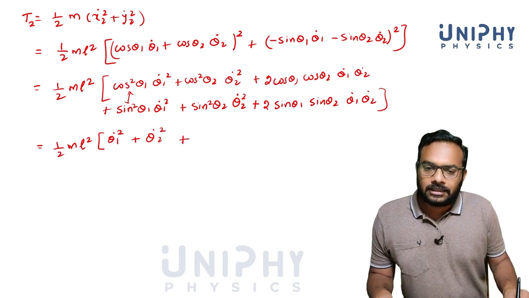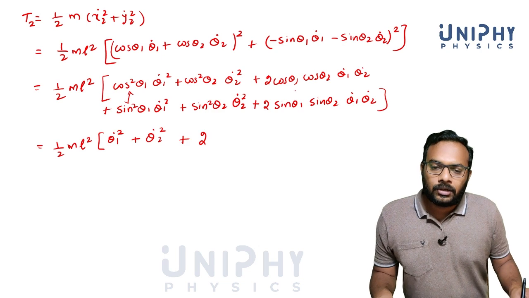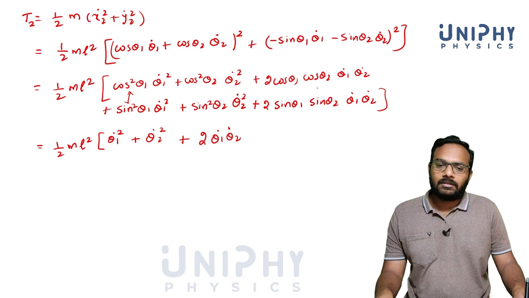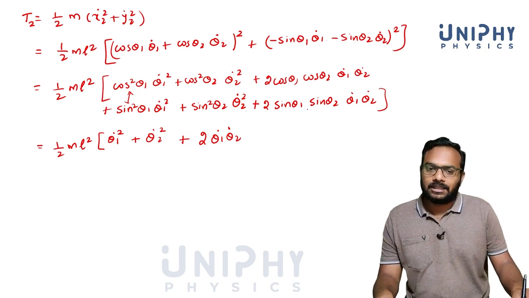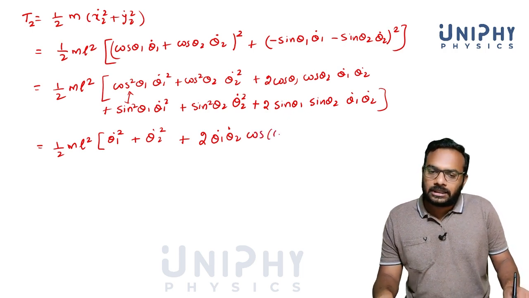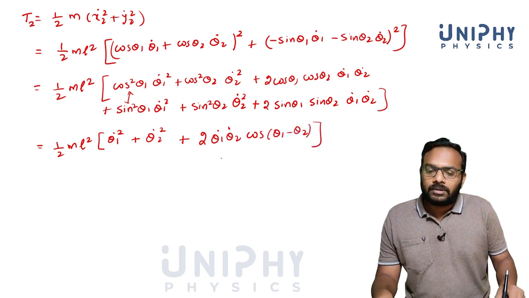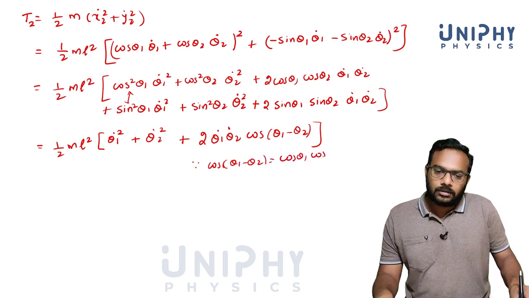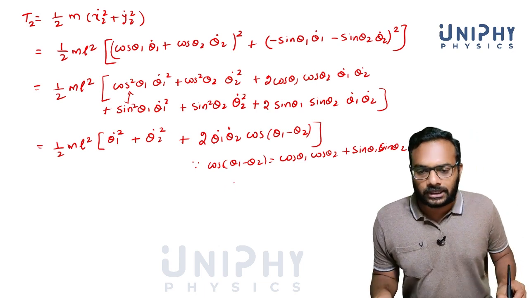Plus, this thing we can write as twice theta 1 dot theta 2 dot, and we have got here cos theta 1 cos theta 2 plus sin theta 1 sin theta 2, and we know that that's equal to cos (theta 1 minus theta 2). Because cos (theta 1 minus theta 2) can be written as cos theta 1 cos theta 2 plus sin theta 1 sin theta 2. The trigonometric identity, you might be familiar with it already.